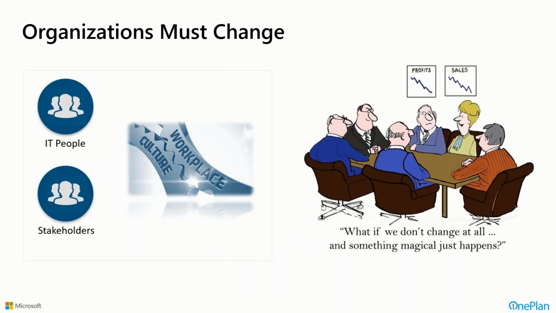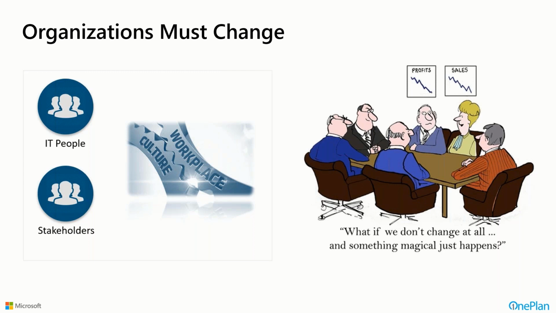Now, to accomplish this successfully, it's more than just putting in a methodology. Organizations must change, and it affects not only the technologies, but the people and the stakeholders and the culture as well. This is a shift from the way many people have traditionally done project-oriented portfolio management. And the key is we can't just hope that it happens.